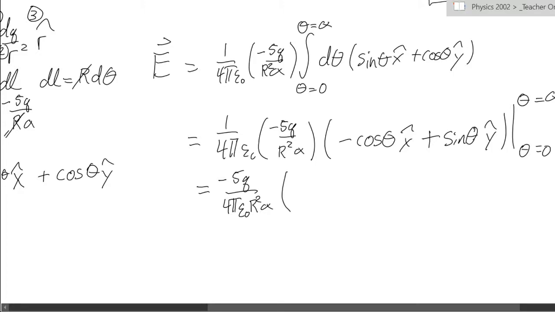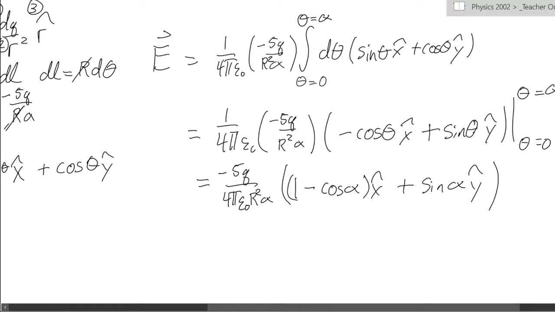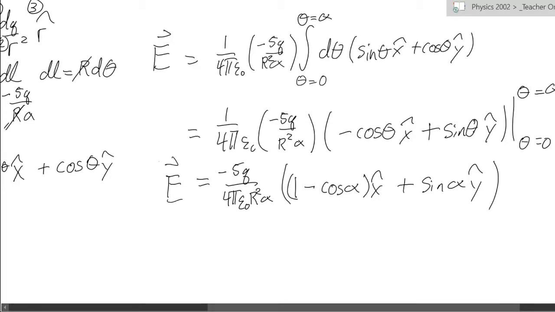So this is going to be 1 minus cosine of alpha times x hat plus sine of alpha times y hat. Okay. And what I did here was I flipped the order of this and absorbed a negative sign. Okay, so that's our answer to the second one.